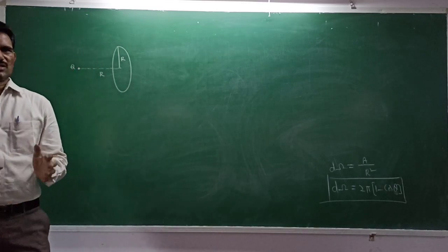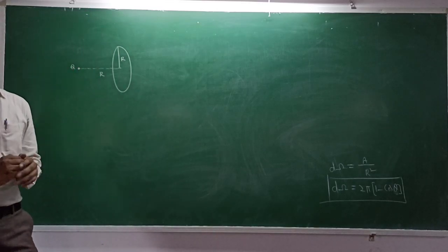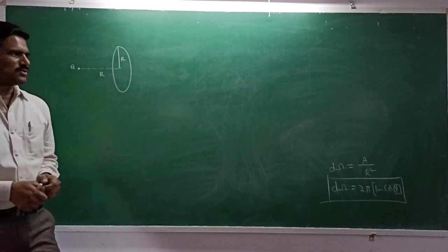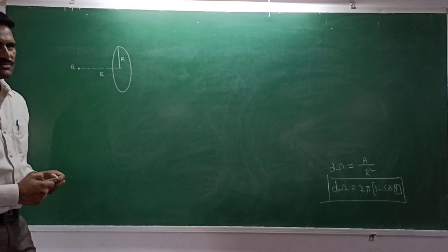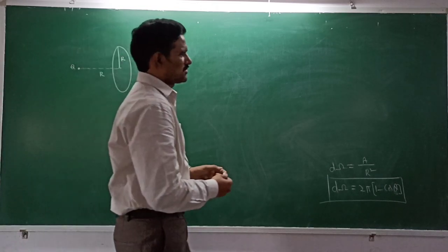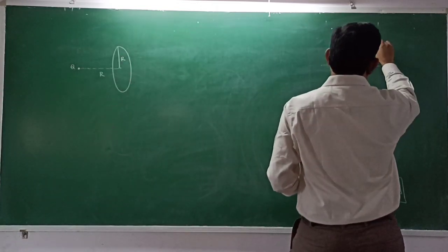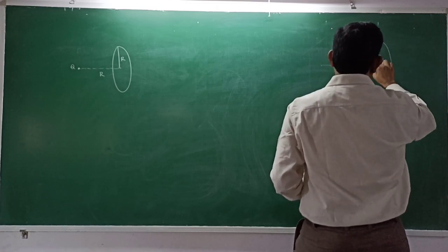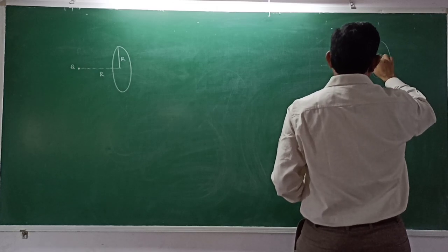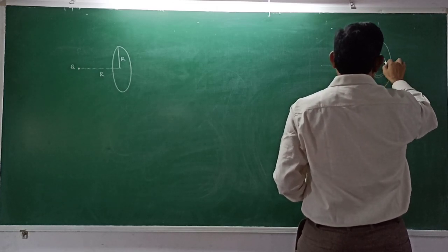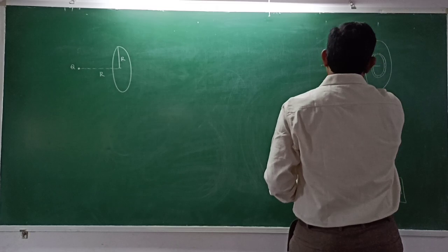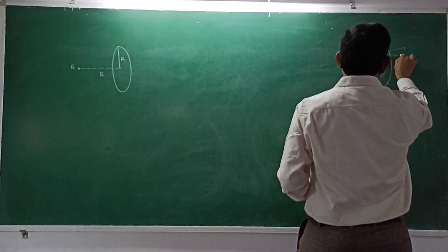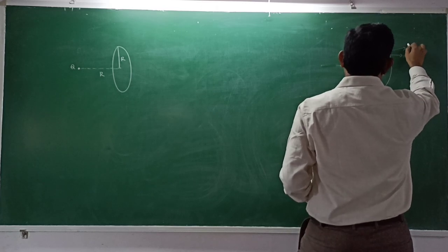So in general, with the knowledge up to now, if you want to calculate this, the general procedure is we take a small element and then integrate. This is a complete disk, for example, and here I am taking a small element. The general procedure I am explaining here. We take a small element like this, and due to this charge the field will be along this direction, the area vector will be along this direction, right?